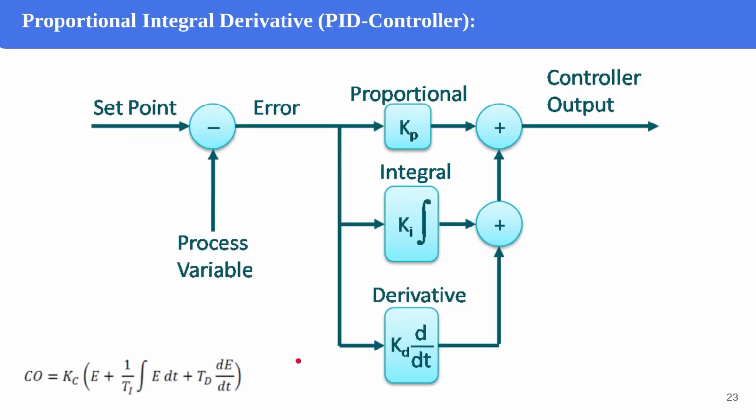And the last one is the proportional integral derivative or PID controller. As you see, it includes all the terms: proportional, integral, and derivative. So the controller output here can be calculated as the controller gain multiplied by the error multiplied by these terms here.